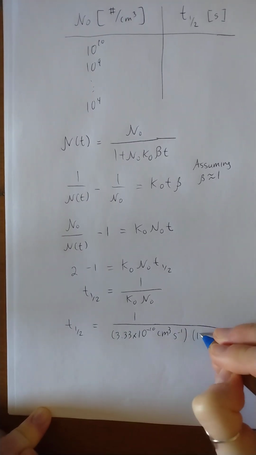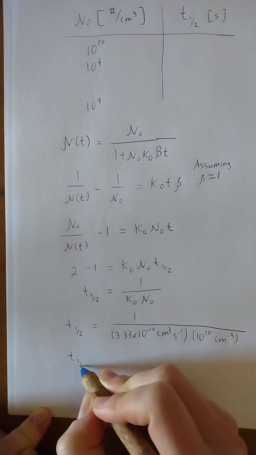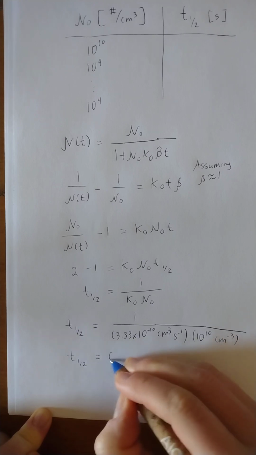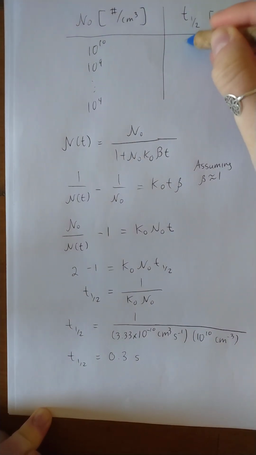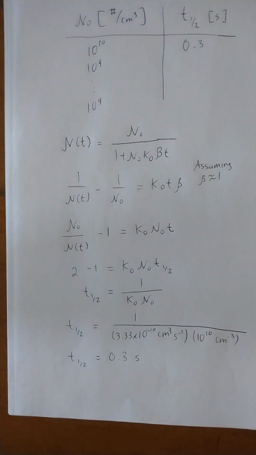So let's use that first number concentration. If we do that, then we get quite a small time, 0.3 seconds. So in less than a second, that aerosol number concentration has been reduced by a factor of 2.